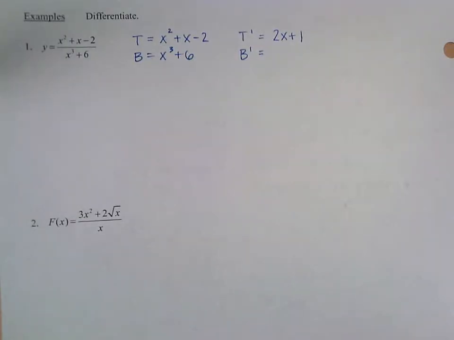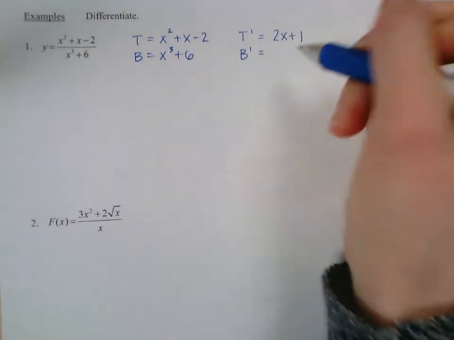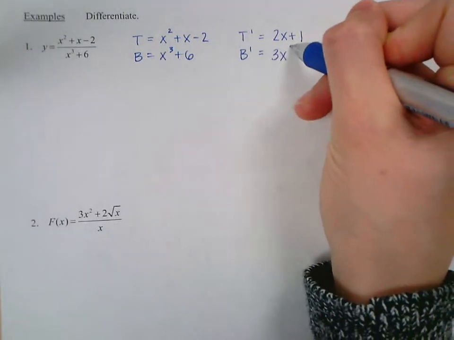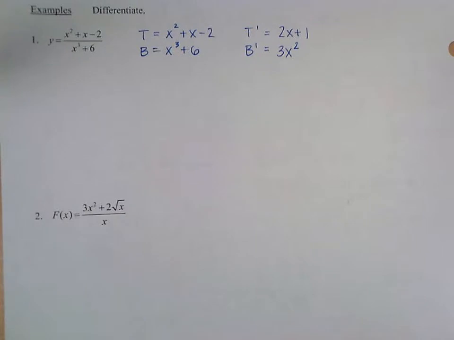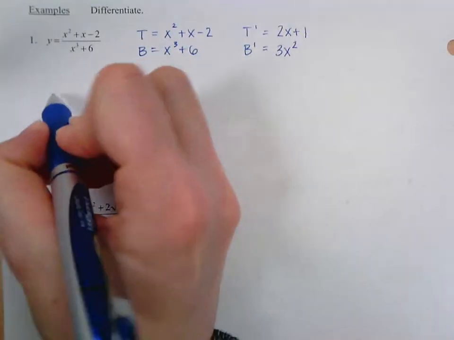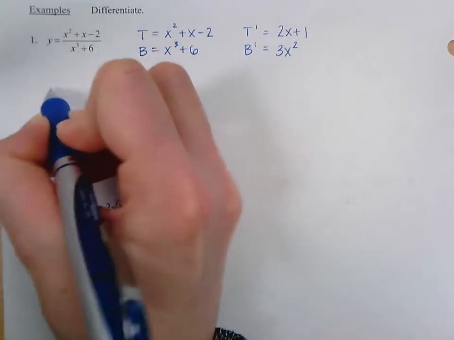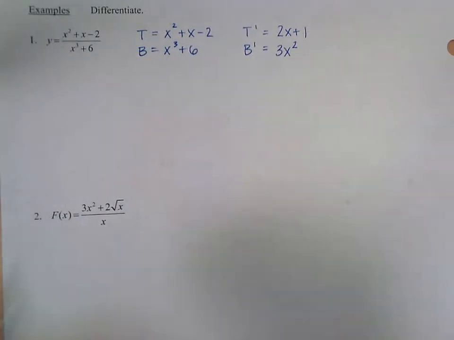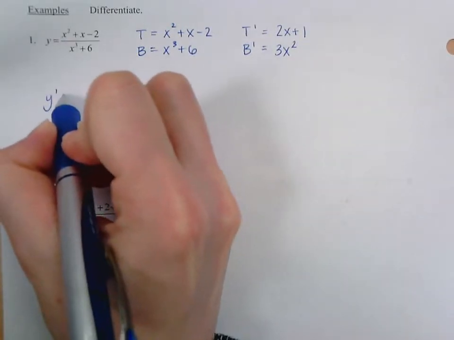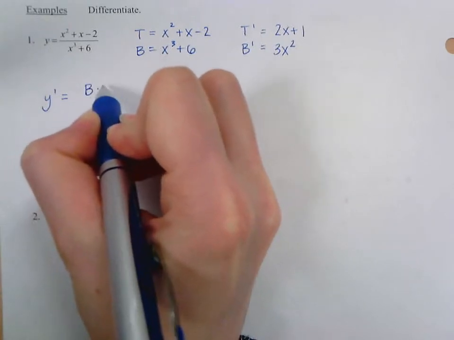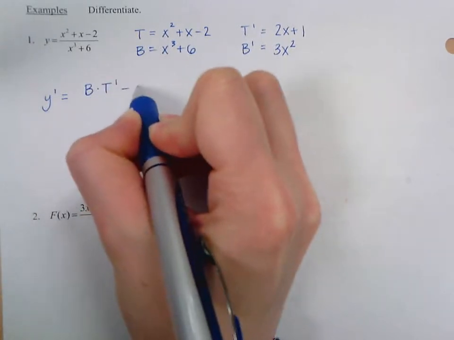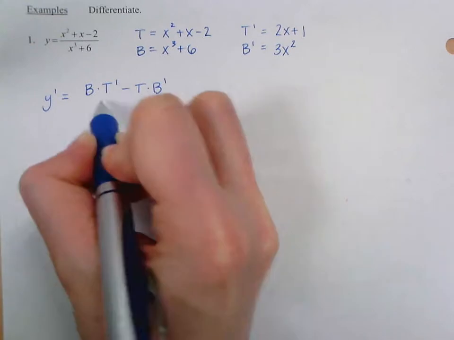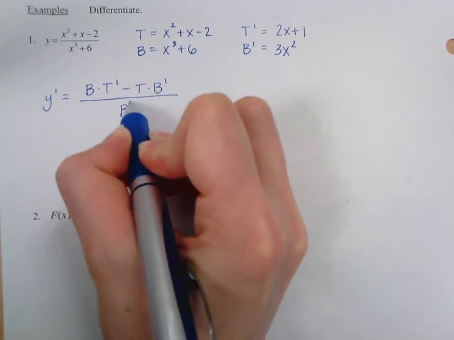And the derivative of the denominator? 3x squared, yes. So then I'm going to write the formula first because I know it was on the other side. So y prime is going to be the bottom times top prime minus top times bottom prime over the bottom squared.